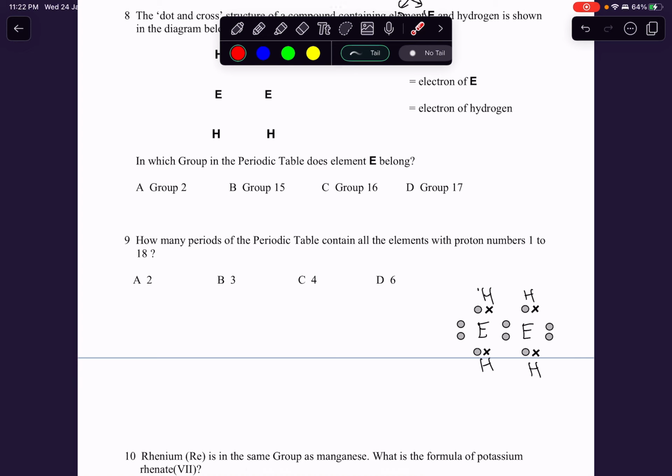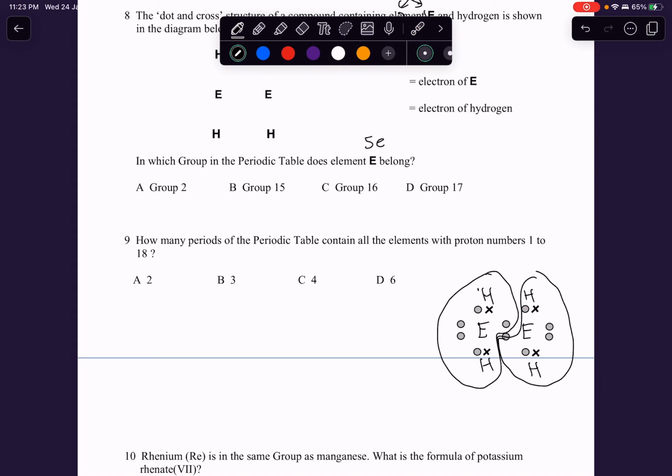When we talk about sharing, it's always equal, so you have to divide by 2 to get the original electrons from each E. Each E originally has 1, 2, 3, 4, 5 electrons, so 5 valence electrons, so it's group 15, because you're looking at the ones digit of the group. So answer is B here.